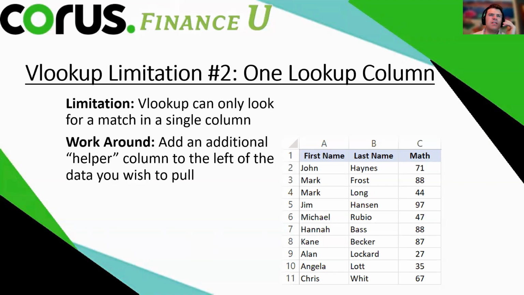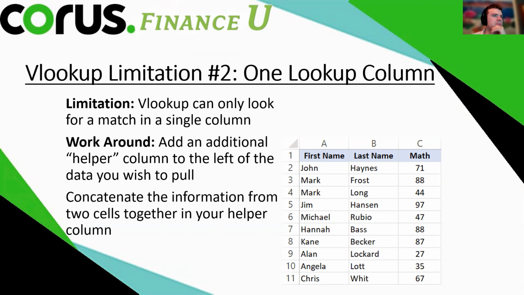Which is none of the other limitations. You can only have one key. You can't make the key and say, oh, I want to look up A and B. It will only ever do one column.